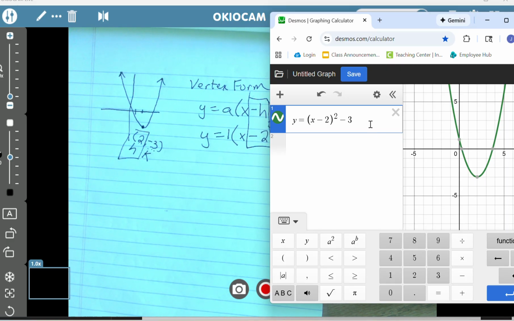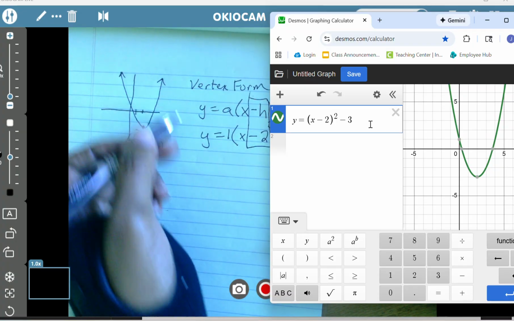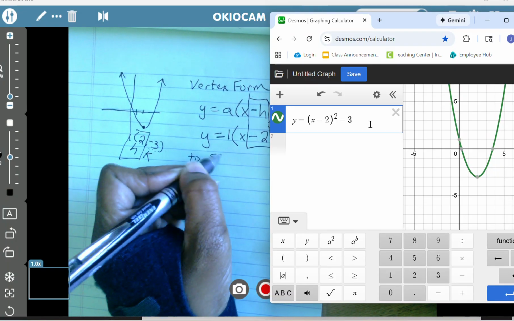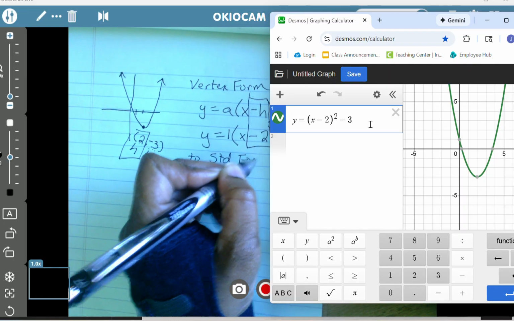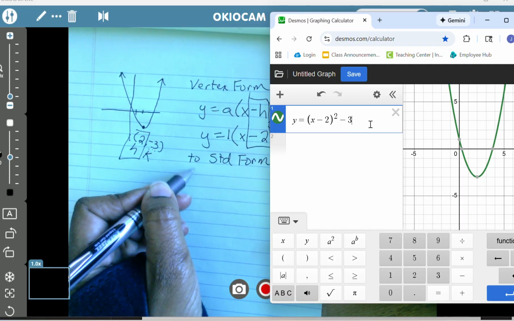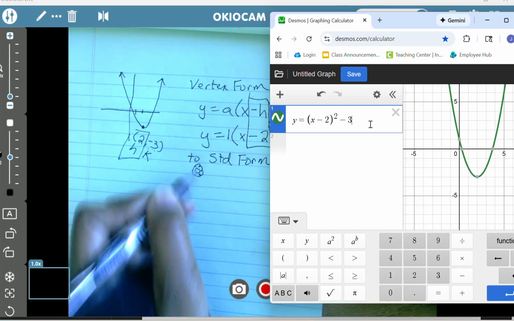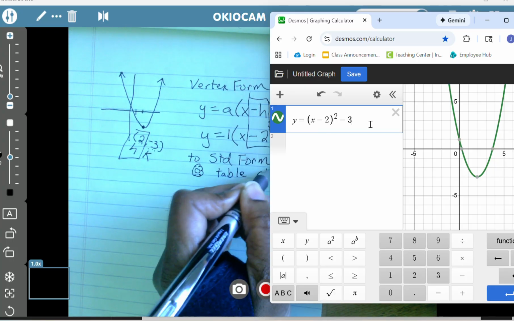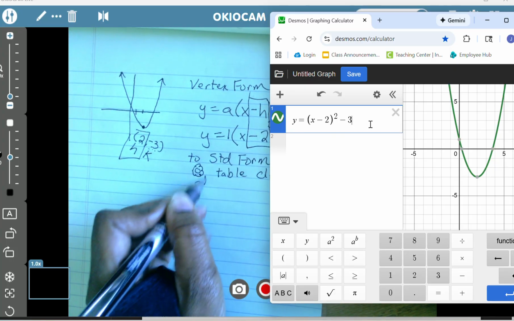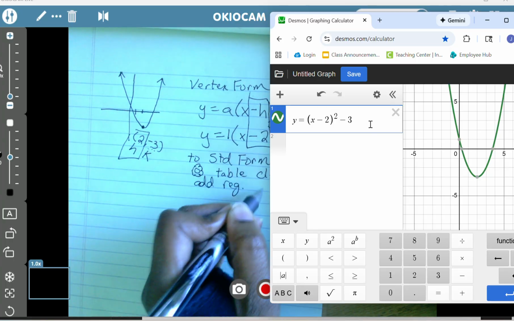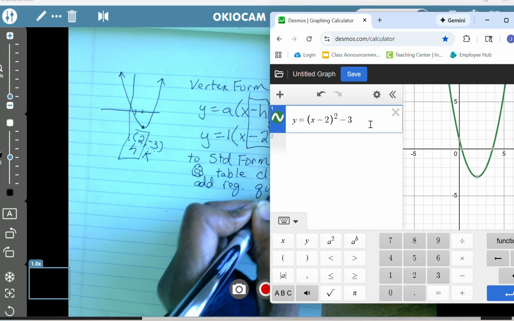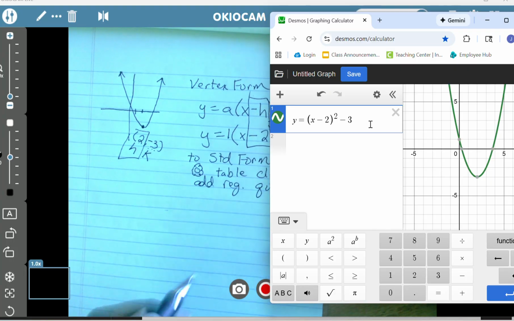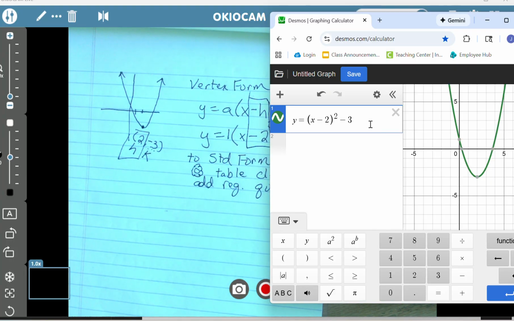If we want to put this equation in standard form, so we're going from vertex to standard form, you're going to press the settings button, grab the table, click add regressions, choose quadratic, not quartic, and it will give you the equation in standard form.